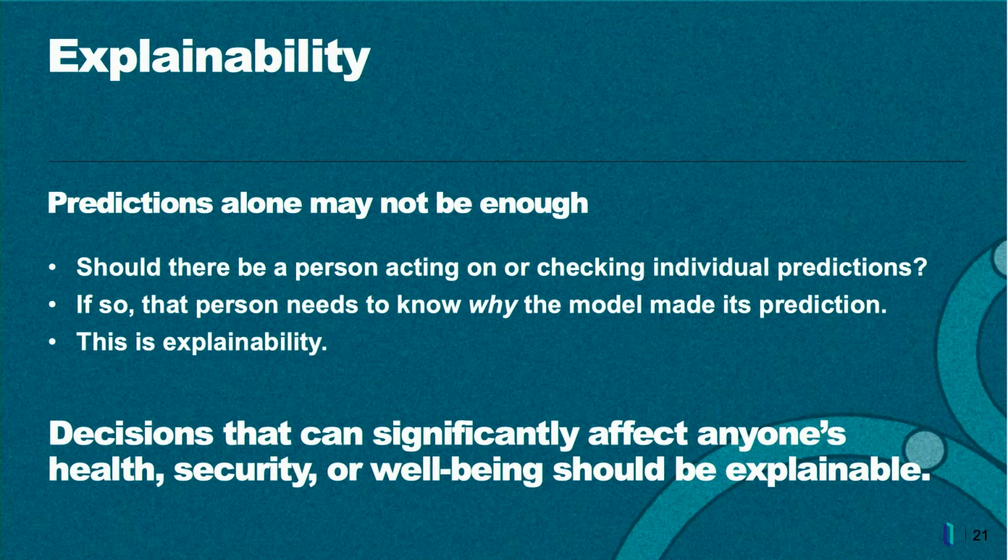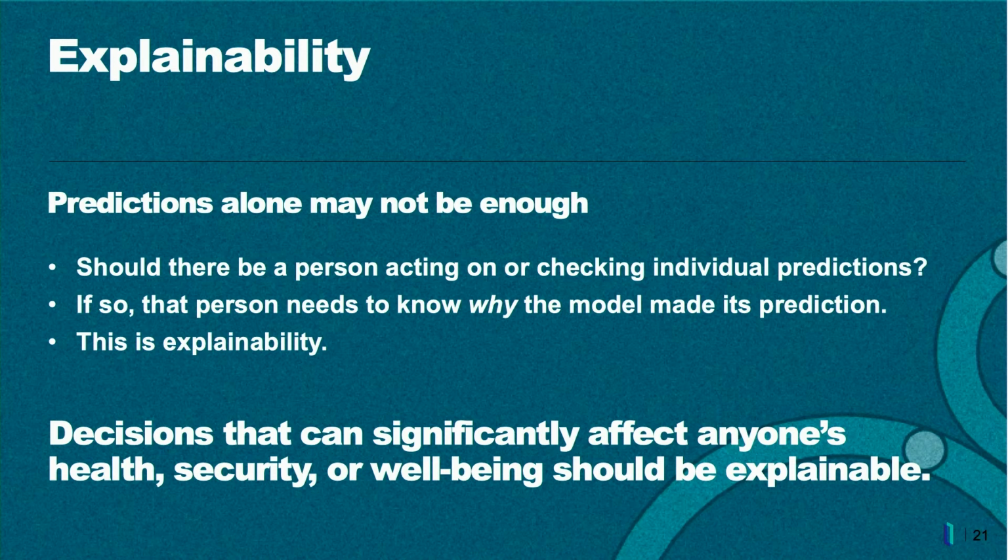And so in these cases, it's not really enough to say, the model says this person has an 80% chance of having cancer, or the model says this person has a 40% chance of defaulting on a loan. There ought to be an explanation.